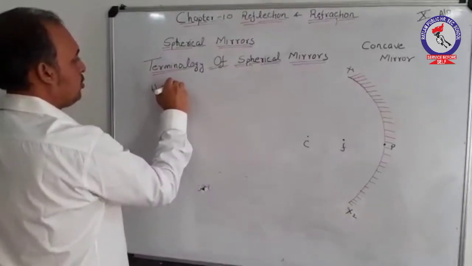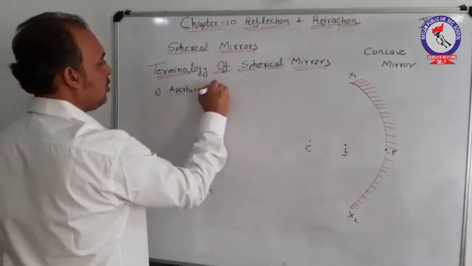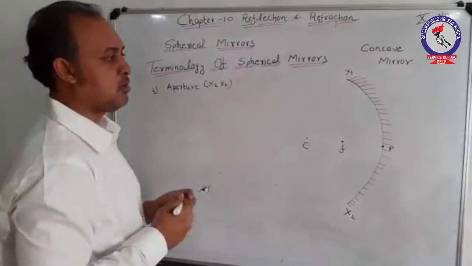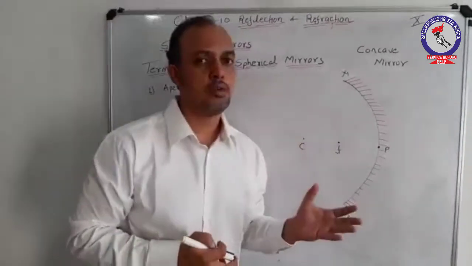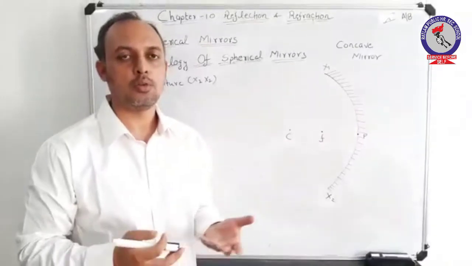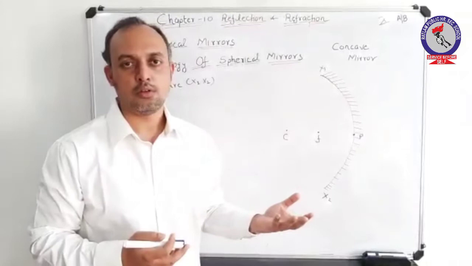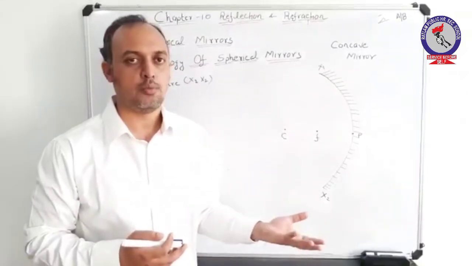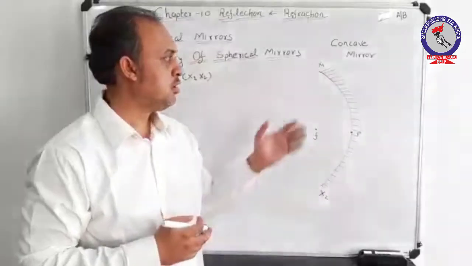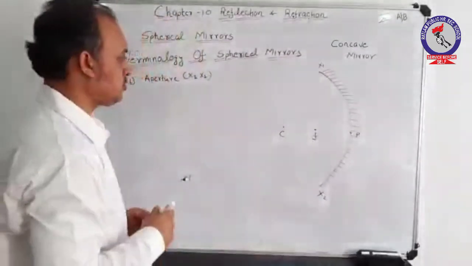These X1, X2 are known as the aperture. What is an aperture? The portion of the mirror which is required for the formation of image is known as aperture. We may have smaller spherical mirrors with smaller aperture and larger spherical mirrors with greater aperture. So here portion X1, X2 is known as the aperture of the mirror.